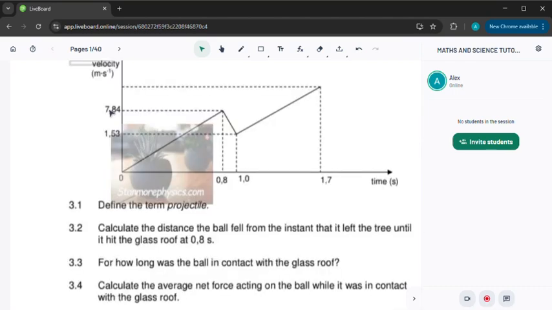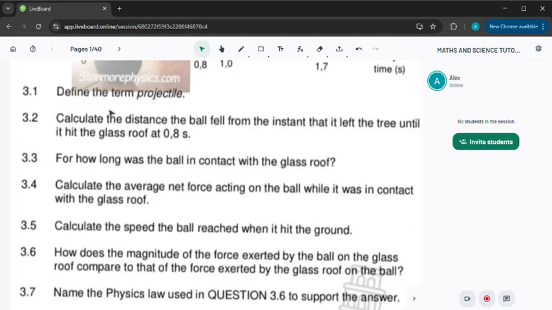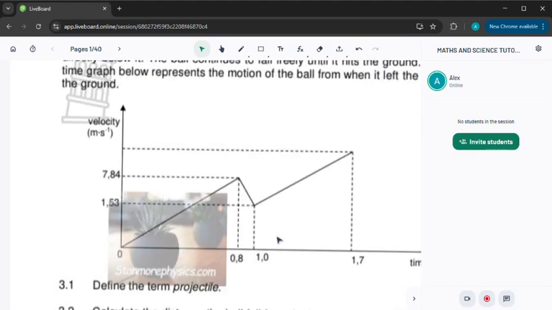And now they are saying 3.5, which is 3 marks: calculate the speed the ball reached when it hit the ground. So it hit the ground at 1.7 seconds. And what is our initial velocity?